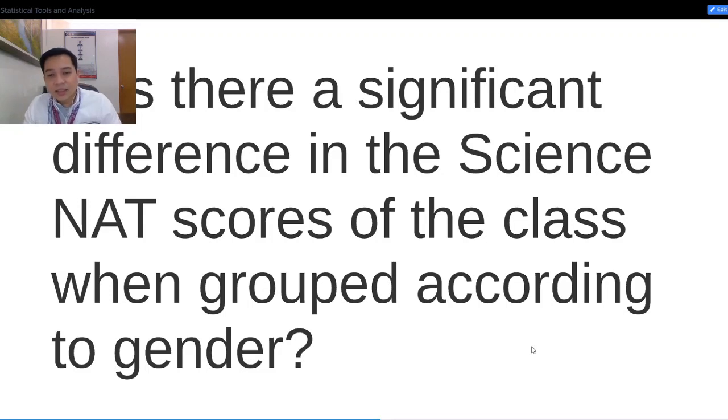In this case, the science NAT was presumably only given once. There's no indication that it was given again or on several occasions. So you have two groups, the male and female, you have one test, the science NAT, and you also have one time as the number of times the test was given.